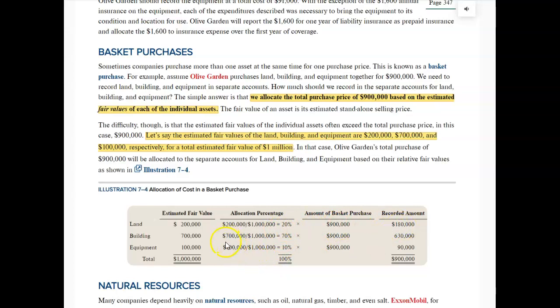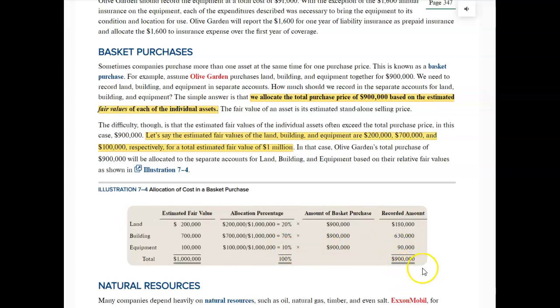Do the same thing for the building, $700,000, its fair market value over the total, $700,000 over $1 million, 70% times $900,000, $630,000, and the equipment $100,000 divided by $1 million, 10% times $900,000, $90,000.